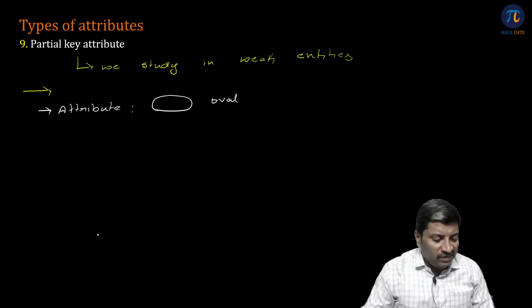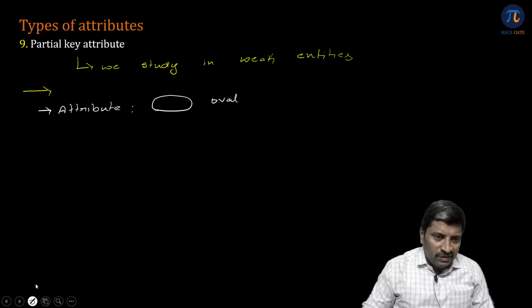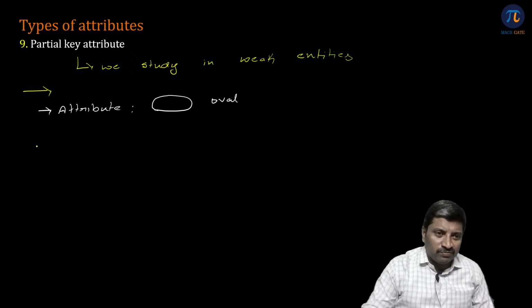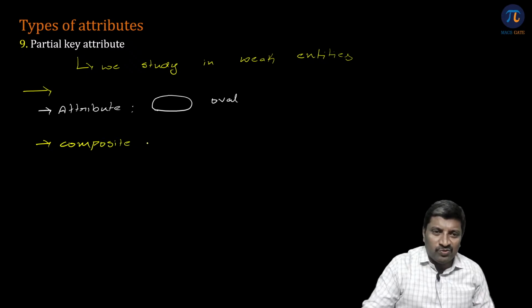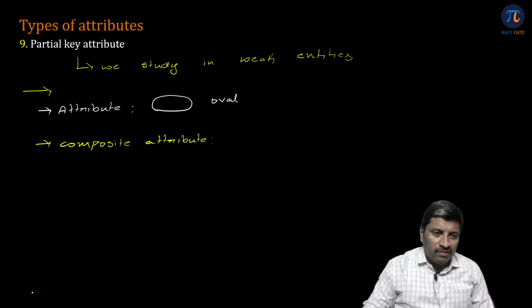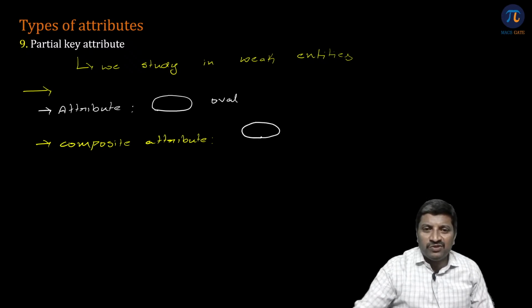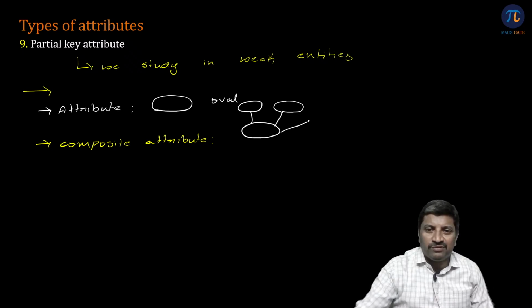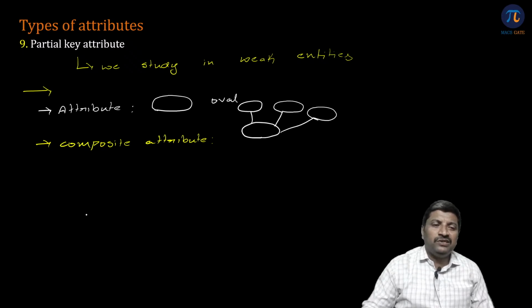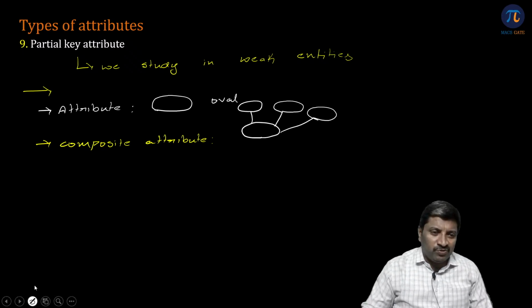Whenever it is a composite attribute, name is the best example. This is the original attribute, and from here you make further divisions. So that is about composite attribute.